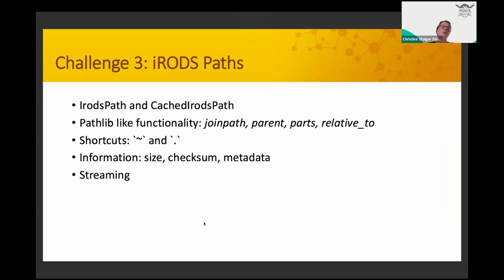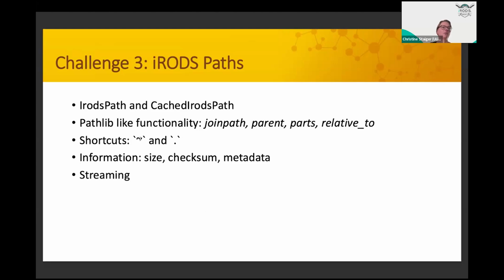The next thing were iRODS paths. I saw quite some code dealing in Python with strings and doing string operations, and I myself also suffered a lot from transferring data from iRODS to a Windows machine where you have different separators for the paths. And that led us to create two new classes, the iRODS path and the cached iRODS path.